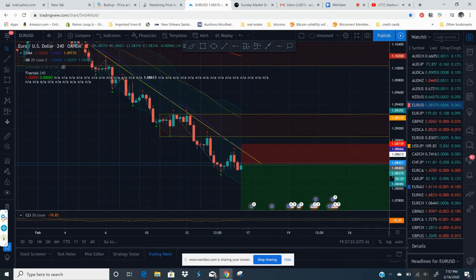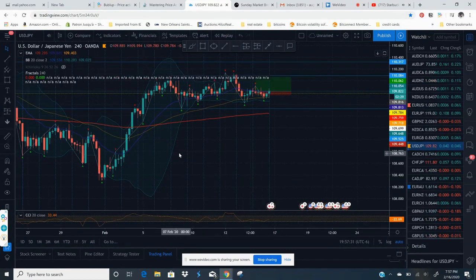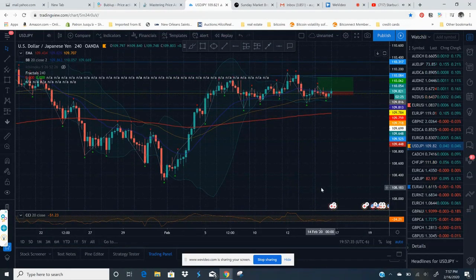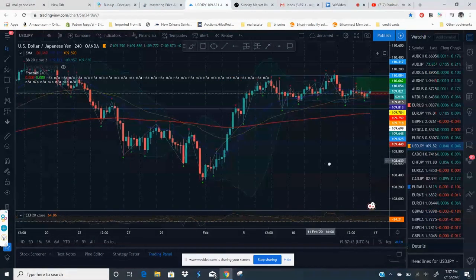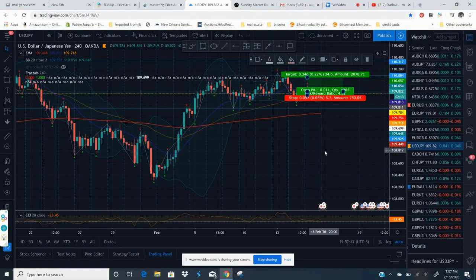Let's go to USDJPY. We still got that now. I'm going to the upper trend. I'm still in it. Still really haven't made no move.